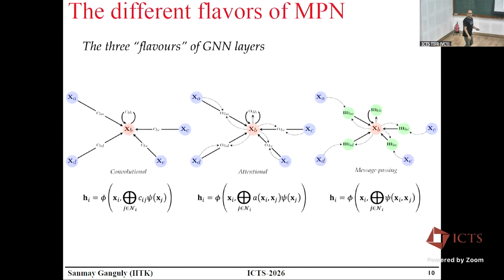Finally, there is the message passing neural network. First of all, remember this attention function is a fixed function: you give an xi, xj, it always returns a fixed number. But when you elevate this function to the role of a neural network, this psi function has trainable weight parameters.